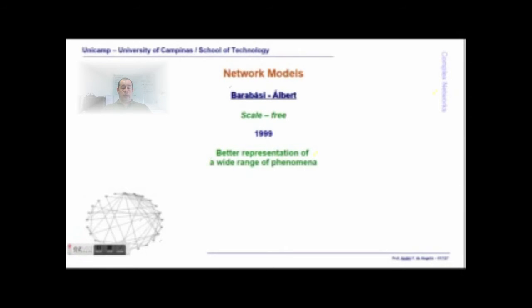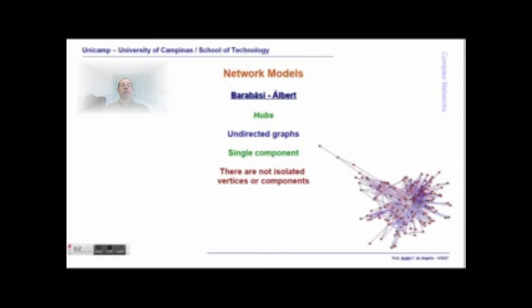The model has a better representation of a wide range of phenomena if we compare with the random, configuration, and Watts-Strogatz models. Then Barabási-Albert, a dynamic model, is a better representation for a lot of real problems compared with the previous ones.